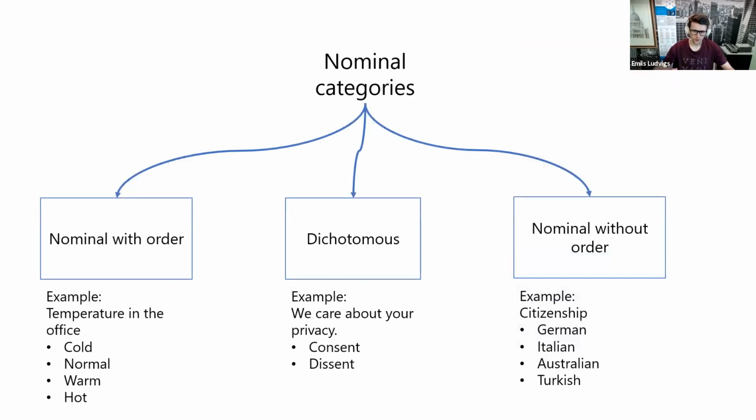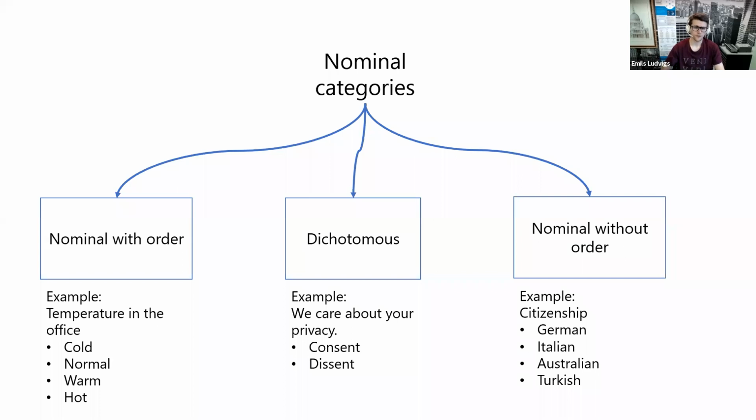And if we go deeper into these nominal categories, we have 3 big categories underneath. The first one is nominal data with an order. This means the data has a specific order, which we know or can build ourselves.